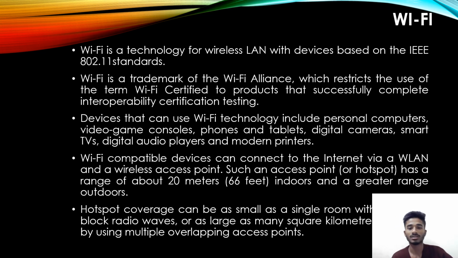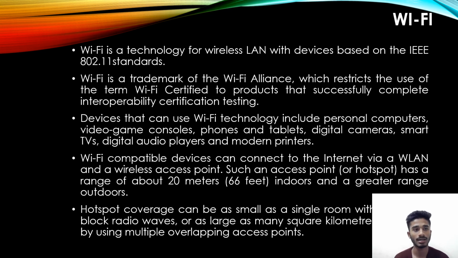Wi-Fi compatible devices can connect to the internet via a WLAN and a wireless access point, such as a hotspot, which has a range of about 20 meters indoors and greater range outdoors. So Wi-Fi has a very small range. Hotspot coverage can be as small as a single room with walls that block radio waves, or as large as many square kilometers by using multiple overlapping access points.